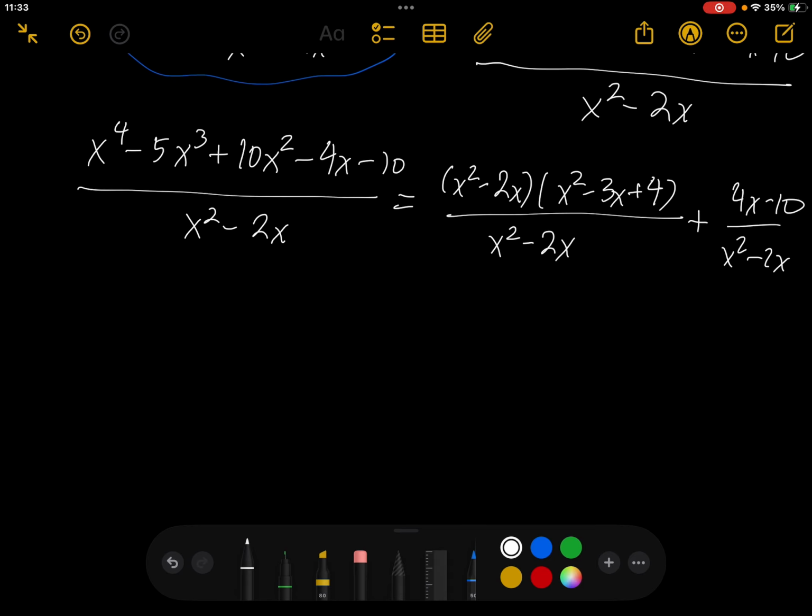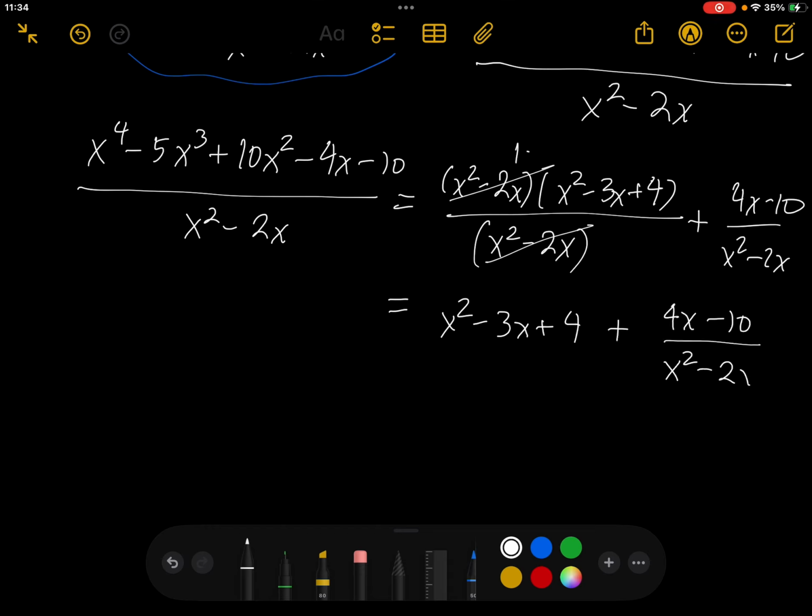And now on the first term on the right, I have a factor of x squared minus 2x on the top and a factor of x squared minus 2x on the bottom. So those cancel out to 1. I'm left with x squared minus 3x plus 4 plus 4x minus 10 over x squared minus 2x.